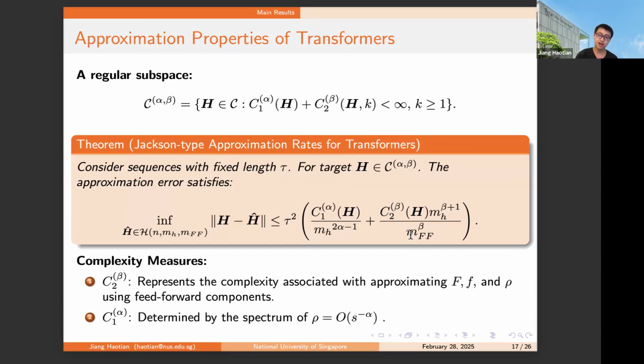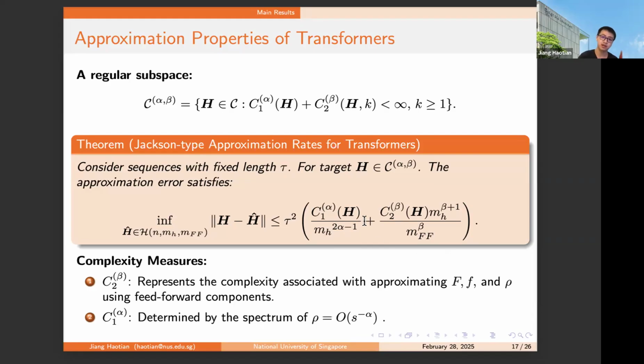If we assume M_FF, the parameters in the feed-forward part of the transformer, can go to infinity, then this term will go to 0. So we can just assume we have a large enough feed-forward neural network in the transformer. But even though this term goes to 0, we still have another term here. This means that only increasing the size of the feed-forward network is not enough.